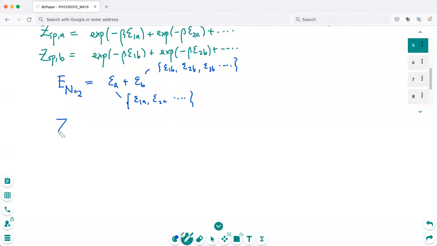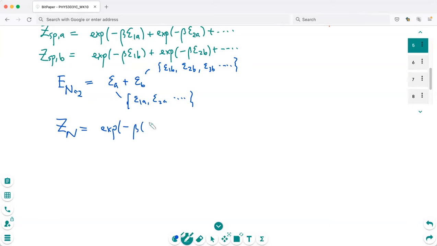I will have Z2, and now this is N equals 2. It's simple enough. I have to sum over all exponential factors, so let me do it very systematically. I will first start from the lowest.